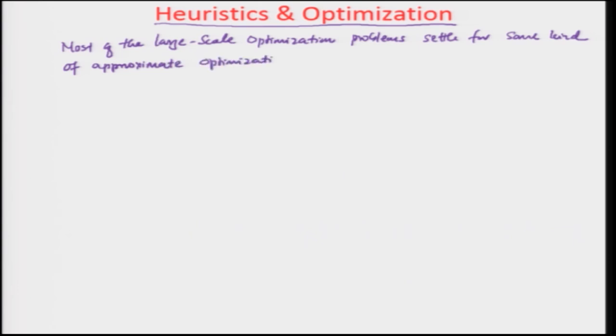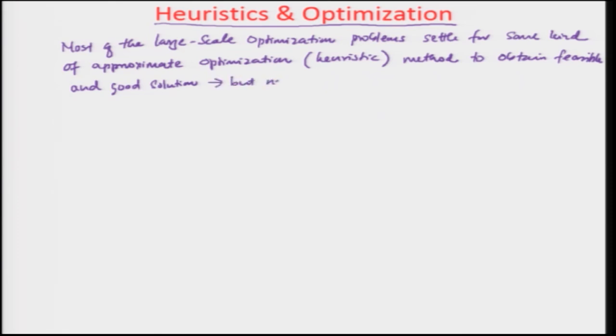You look for some approximation, which we typically call a heuristic, some approximate optimization method to obtain feasible and good solutions. Okay. But not necessarily an optimal solution.